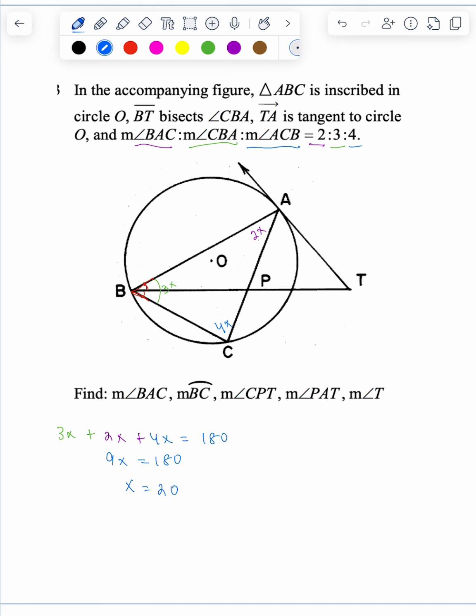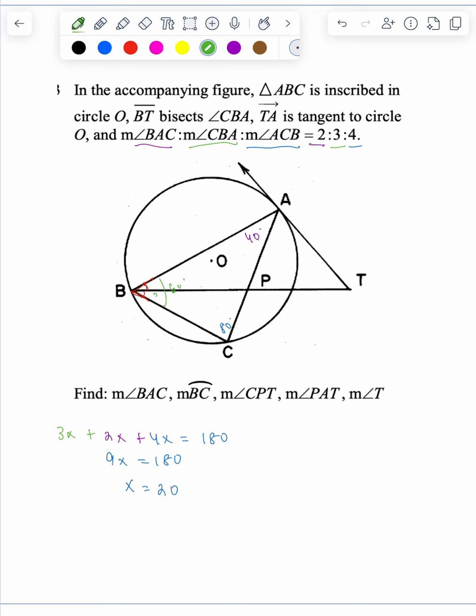Now I'm just going to plug in and replace with actual numbers. 2 times 20 is 40 degrees. 20 times 4 is 80 degrees. And 20 times 3 is 60 degrees.